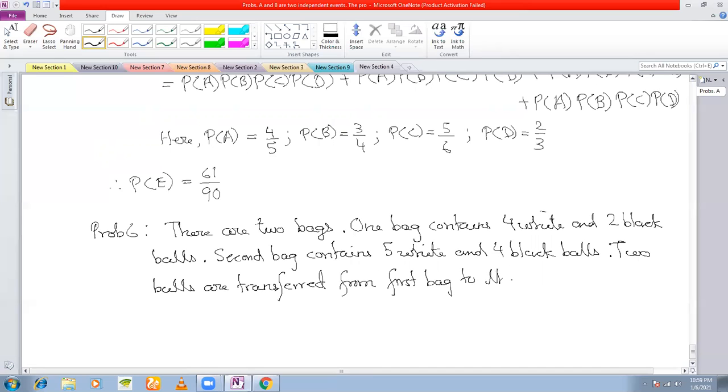Then one ball is taken out from the second bag.